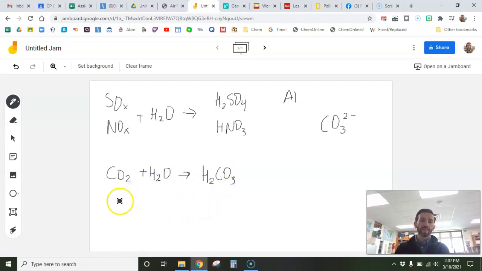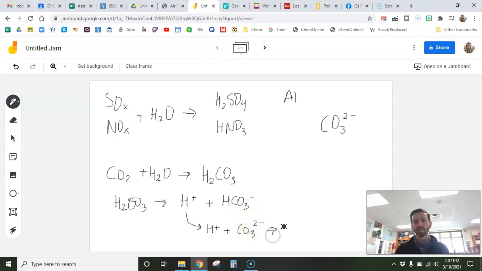Now carbonic acid, and we've talked about this before, naturally breaks up into a hydrogen ion and bicarbonate. And then this hydrogen ion is going to bind to free-floating carbonates in the water and make some more bicarbonate.